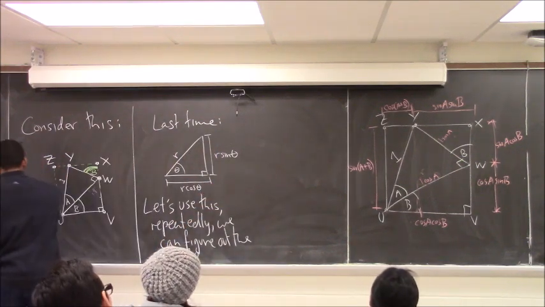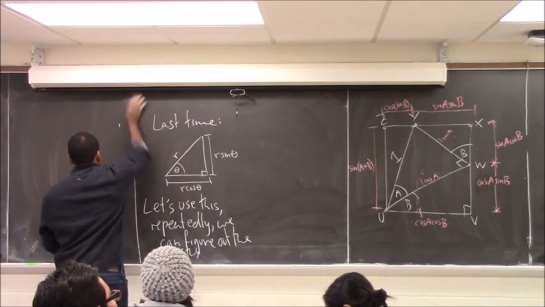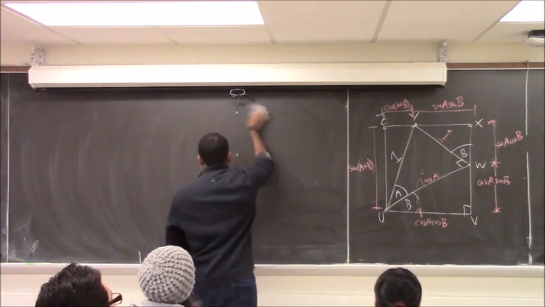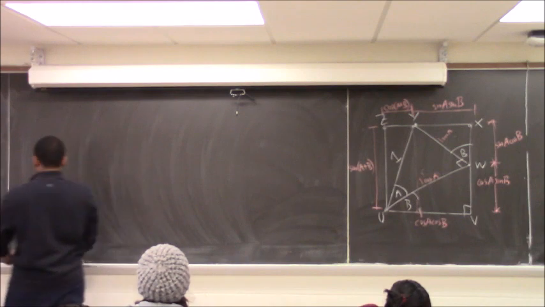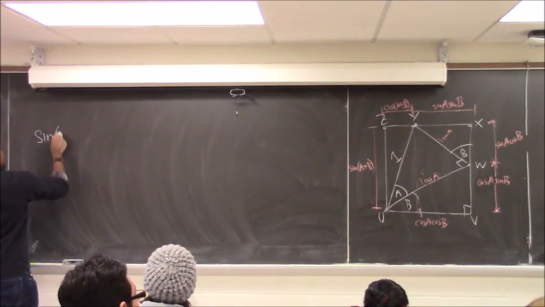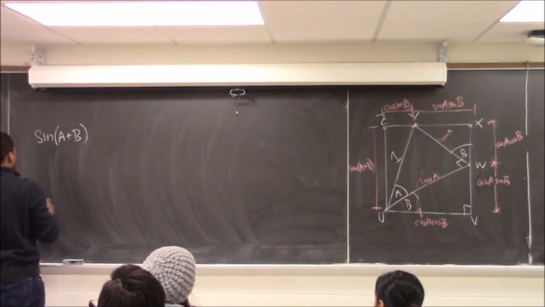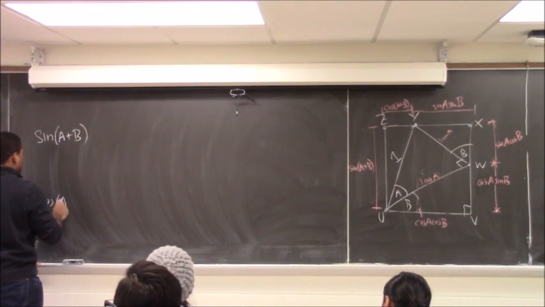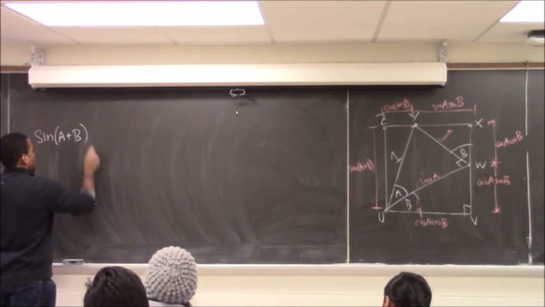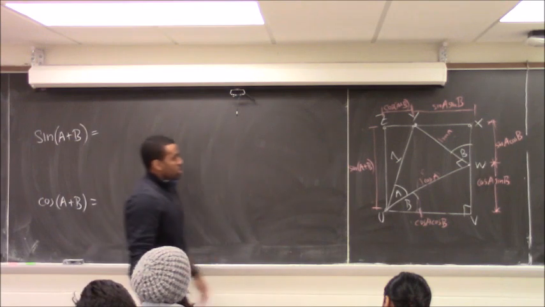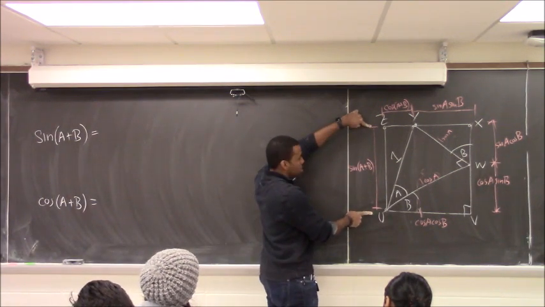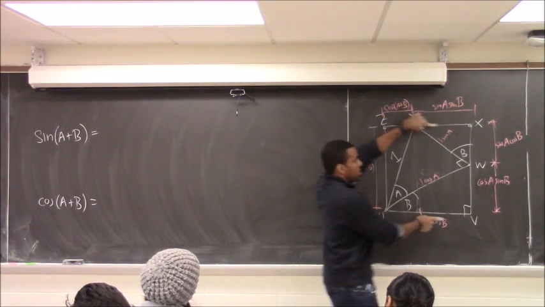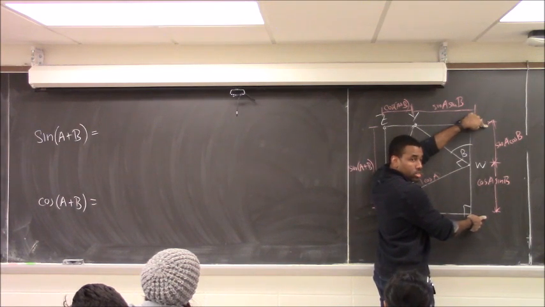Now here's something cool. You want to look at the sine of A plus B and the cosine of A plus B. Here's what you'll notice. The sine of A plus B is actually just adding these two lengths together.